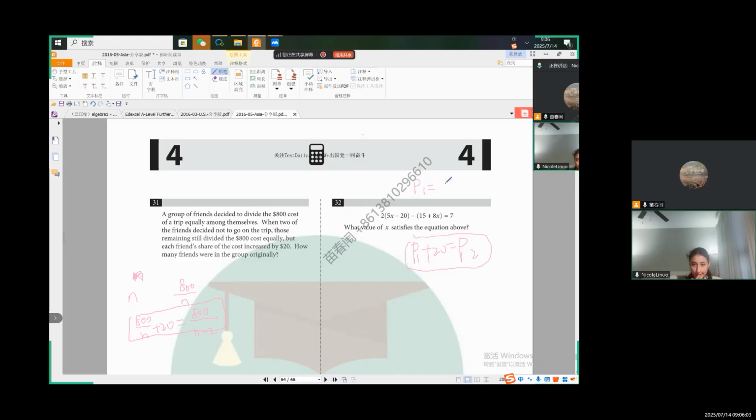So P1 is 800 over n, and P2 is 800 over n minus 2, and you can find n. It's actually quadratic. If you eliminate the denominator, you have a quadratic, or you can solve it. I think n is 10 something.